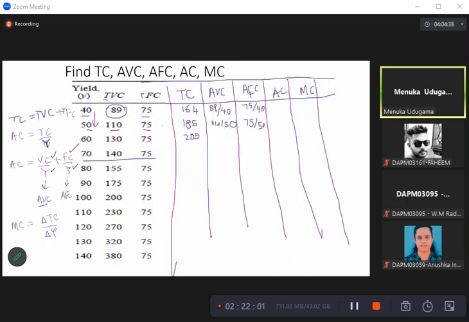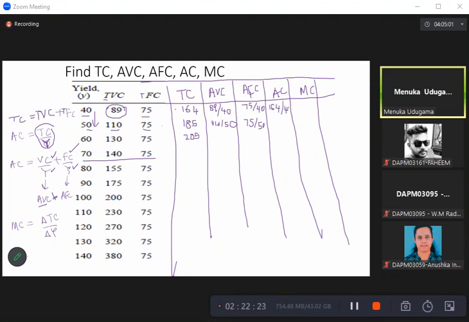Right. What else? Average cost then. Now, average cost we know is either you can divide the total cost by Y, or you can add these two together. There are two ways we can find it. One, we can divide the total cost, 164, by 40.